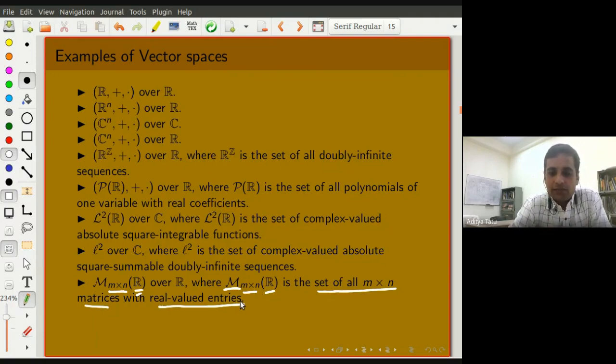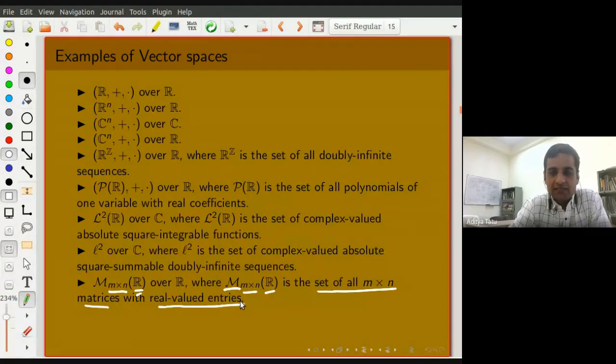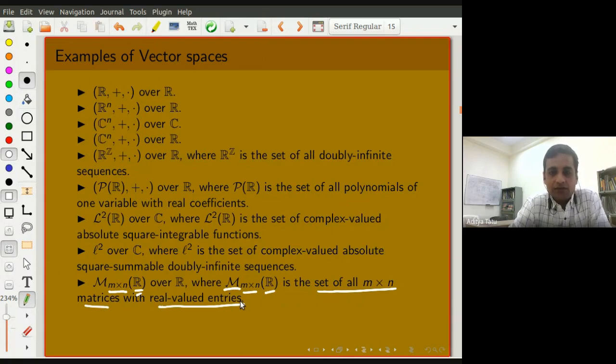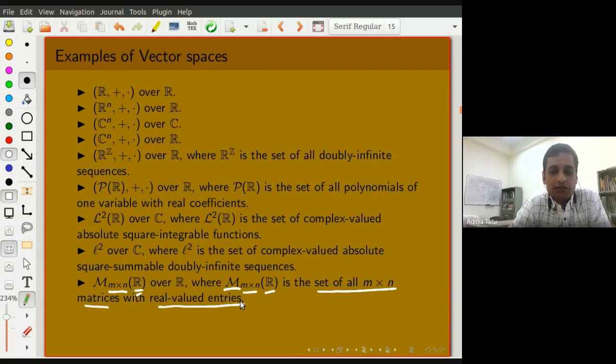What should be the vector space addition operation here? Matrix addition. What does that mean? Element to element addition. Exactly. Add corresponding entries of the matrices. That should be your vector space addition. Scalar multiplication? Multiplying all elements with the same number. Exactly. So that is your scalar multiplication.